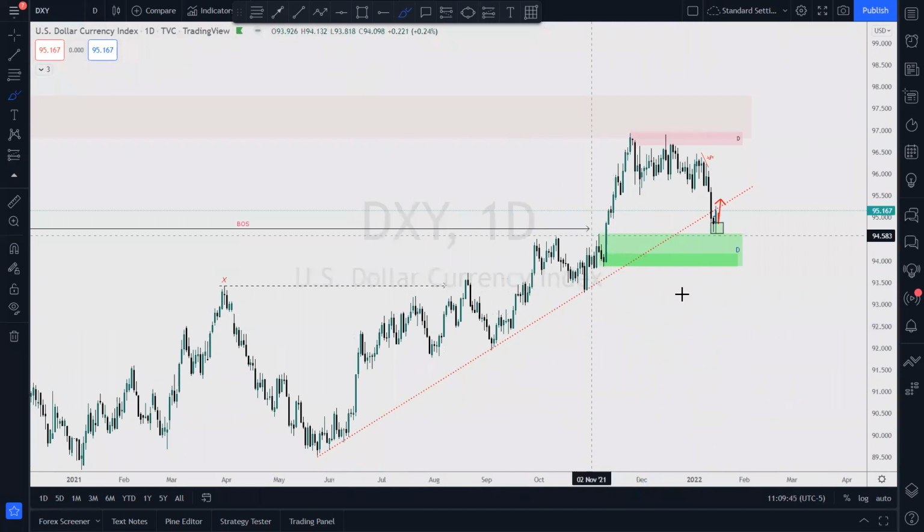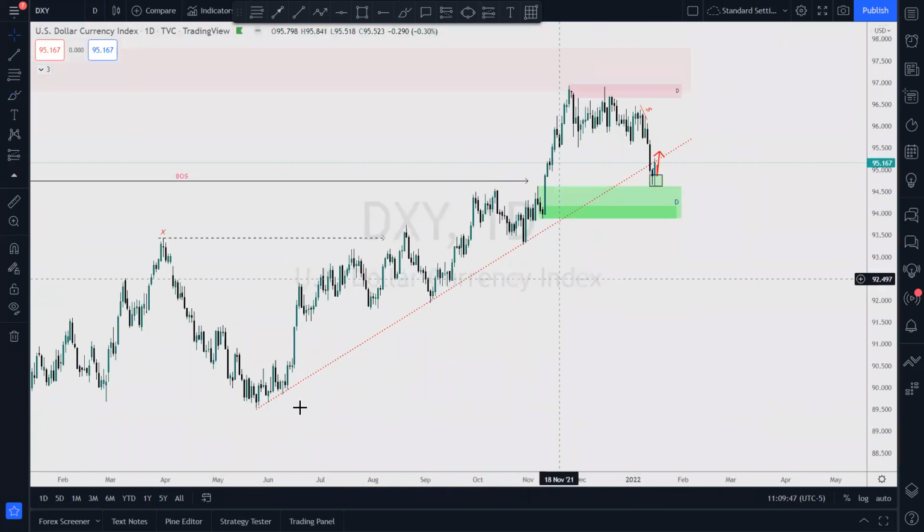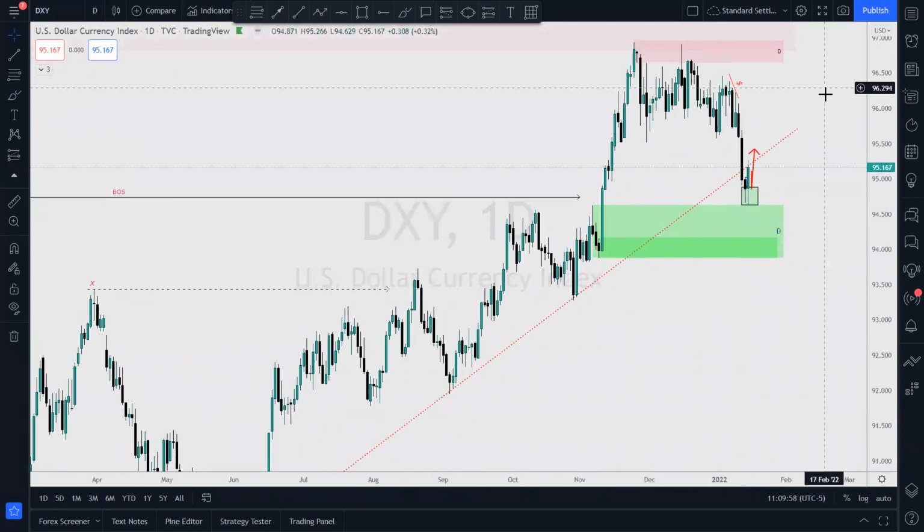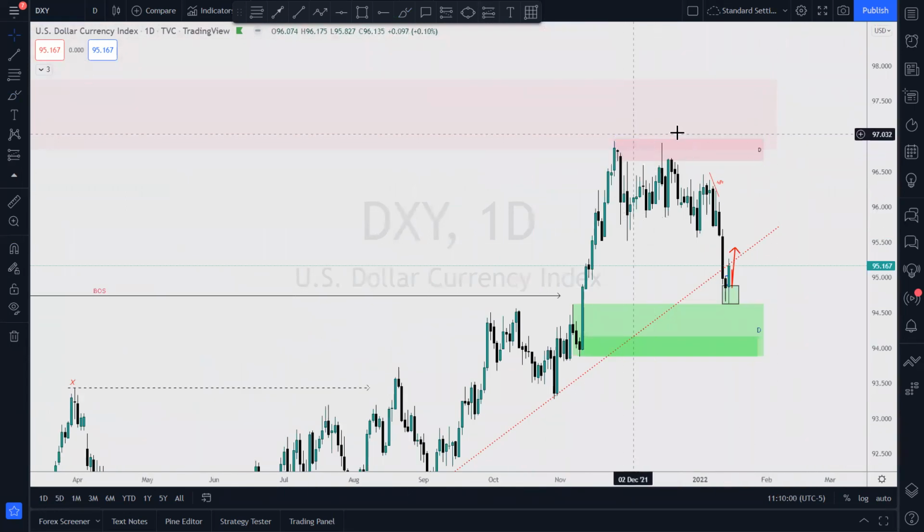I want you to notice something. You see this trend line here? Perfectly hit, perfectly hit, perfectly hit. And then we break it here. Keep it in mind. So we hit the daily, we hit the higher time frame supply zones twice, mitigating, and then we break structure to the downside with this impulse here.